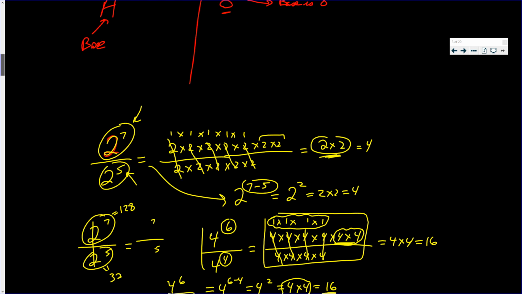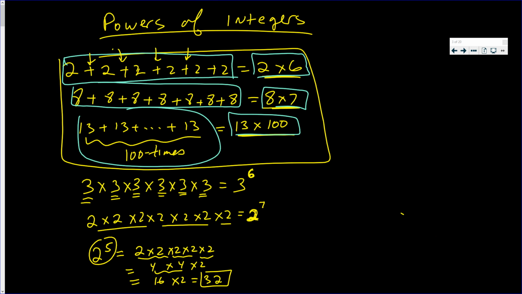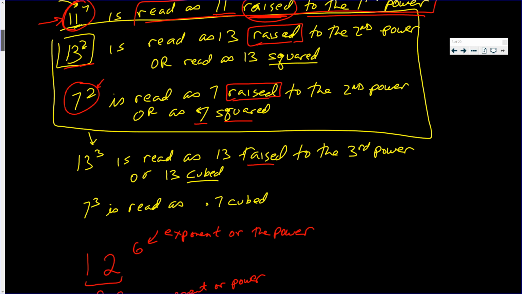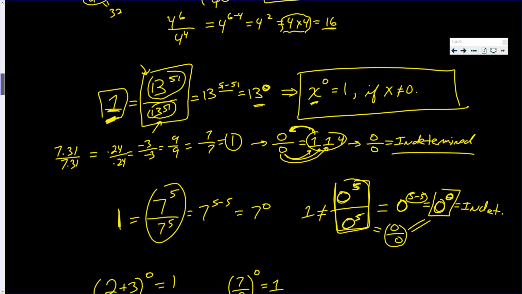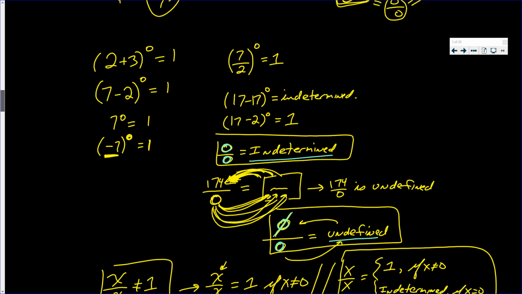This completes the section on powers of integers. I just want to make one quick comment. Initially, I was about to write powers of whole numbers, and the reason that I changed it to integers is because of this one problem here.